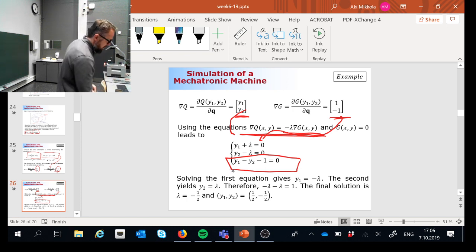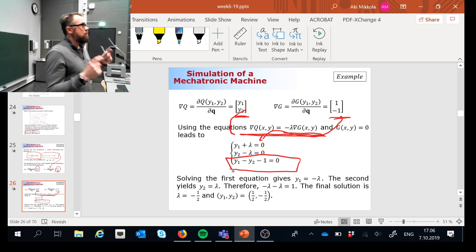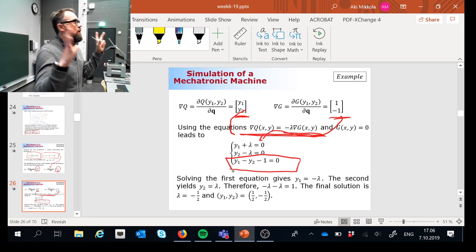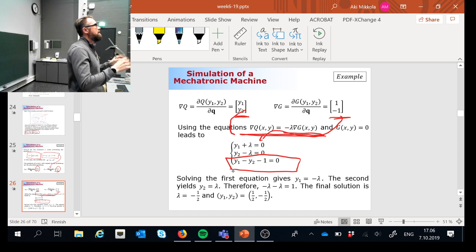Okay, so now we have 3 equations, 3 unknowns. I can solve this whole thing. That's it. I can get the same solution as in the case of substitution technique, but I also get this one additional variable, which is the price that I'm paying because of the constraint, reaction forces.